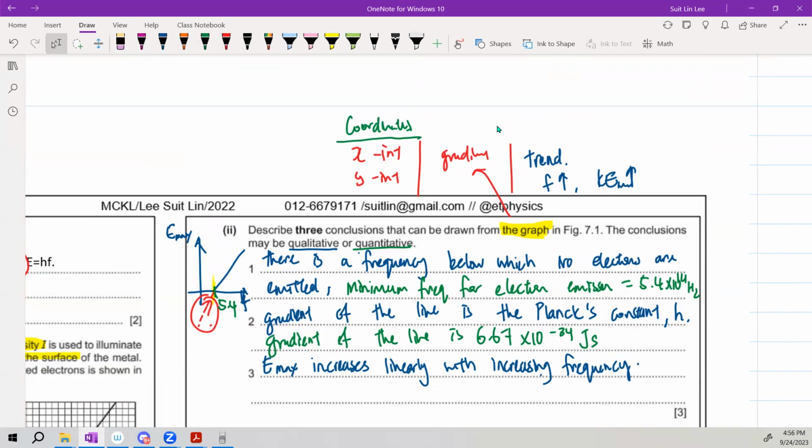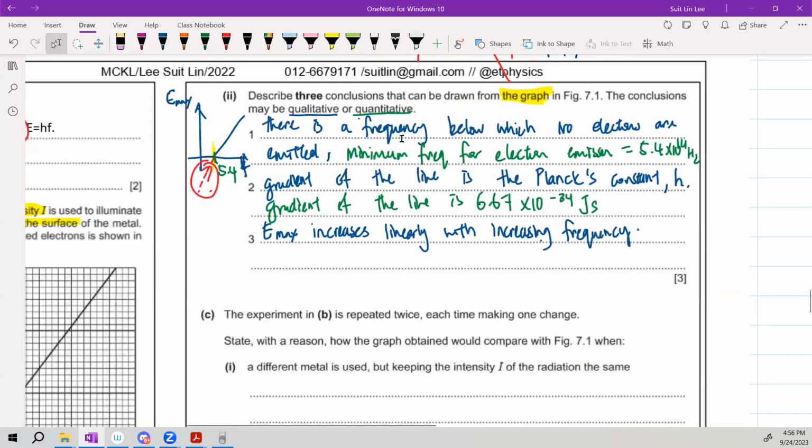We cannot talk about the y-intercept, not because you cannot find it, but because it is not present on the graph. Then after that, you look at the gradient, nothing else to say for this. And then finally, you look at the trend. If it's not linear, then you could just say increase. When frequency increases, kinetic energy increases. Cool. So 1 mark each, please don't contradict yourself.